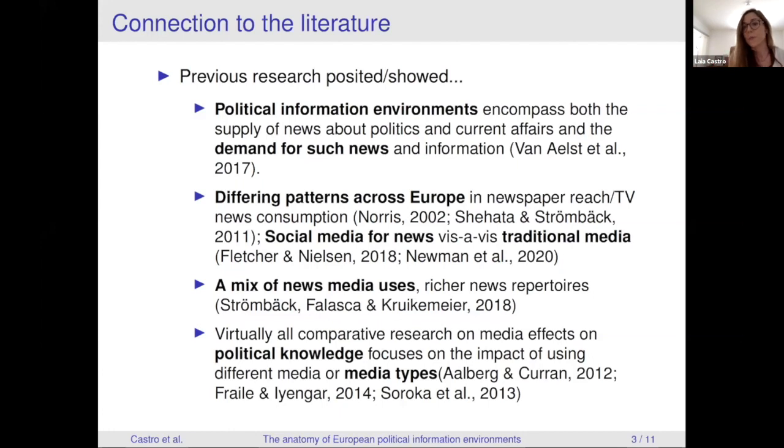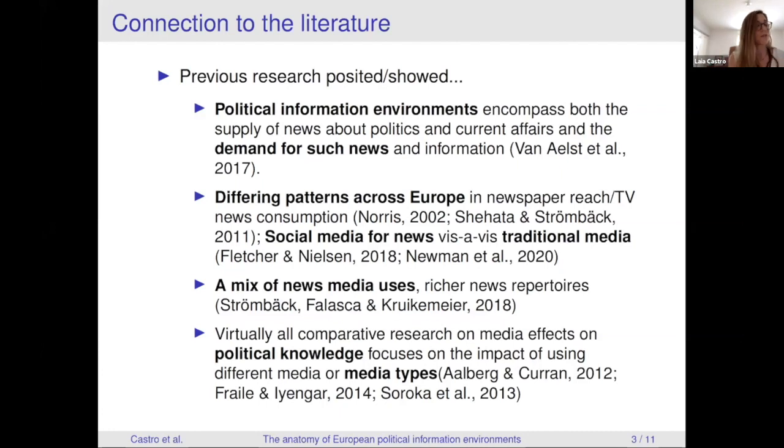In Central and Eastern European countries, for example, we may find that social media for news is more pervasive, since alternative media and also social media are believed to be more independent from the government. So bottom line, they find relevant differences across Europe, but again, they focus on particular news consumption patterns. And only recently, more sophisticated country studies have started to delve into this mix of news media uses that I was referring to at the beginning, right?